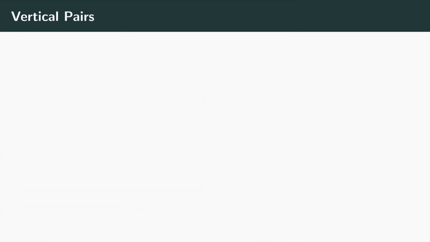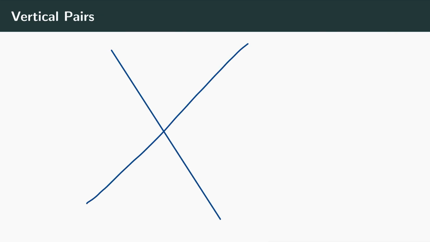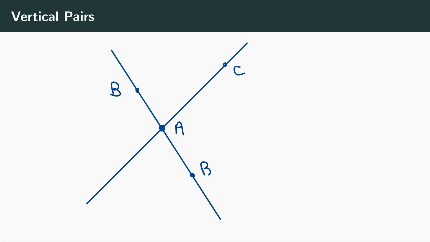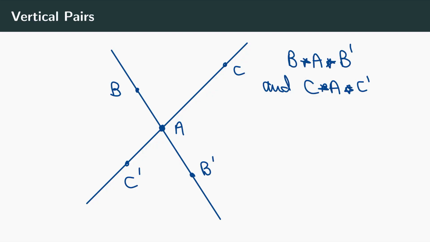Okay, another important object we have are what are called vertical pairs. So here you imagine having a vertex, let's say A, and over here I have B and I have C, and then I'm going to put B prime on that same line, and let's say C prime on the same line. So I have A is between B and B prime, and A is between C and C prime. Remember, this star notation means that A is between those two.